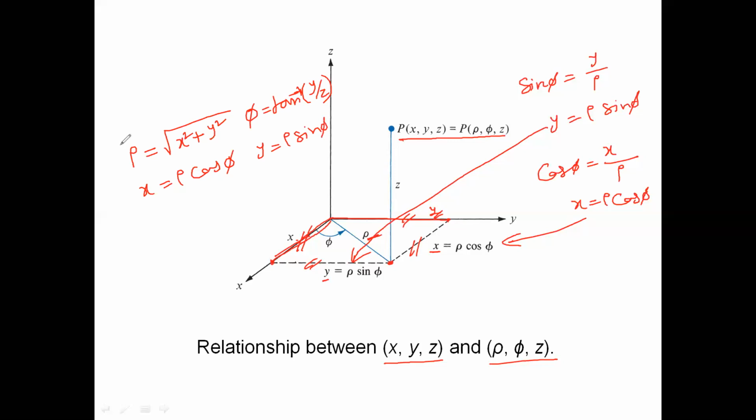In both cases z equals z, there is no change, because obviously, as mentioned earlier, the z value is the same in the Cartesian as well as the circular cylindrical system. This is how we can give a relationship between your Cartesian system and circular cylindrical.